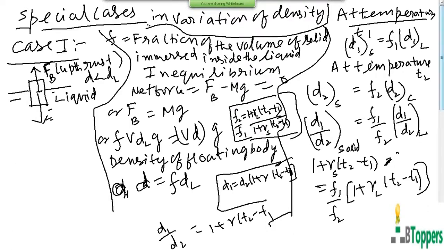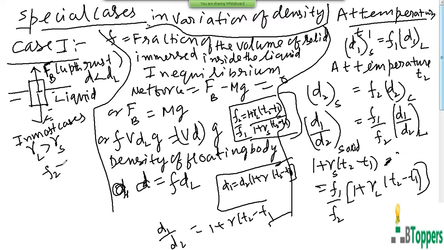In most cases, gamma for liquid will be much higher than gamma for solid, because liquids usually expand more compared to solids for the same original volume.